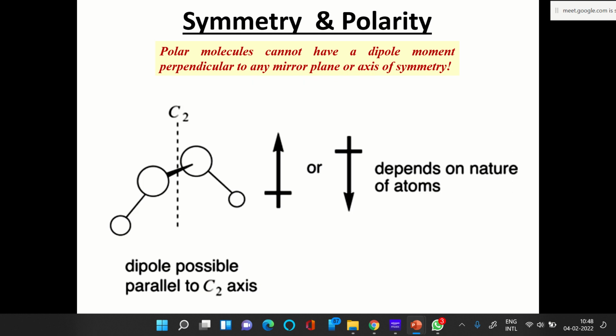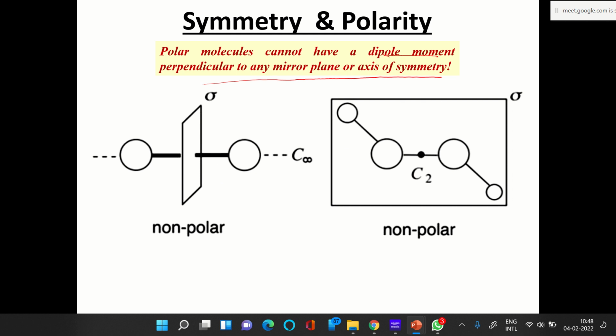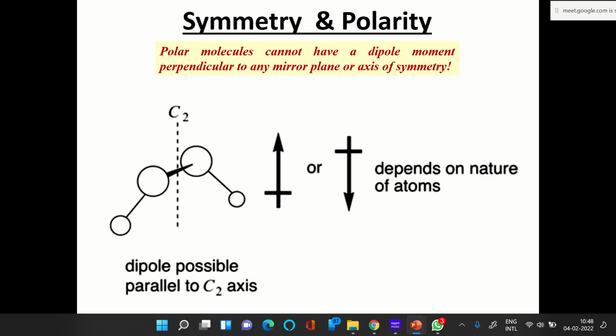If you visualize H2O2, which we have just discussed, in a C2 geometry you have C2 with a mirror plane. This is the trans form, and this was the gauche conformer that we were talking about. A dipole moment is possible because it is parallel to the C2 axis. We have not indicated any atoms here, but the direction of the dipole will be either this or this, depending on which atom is connected over here.